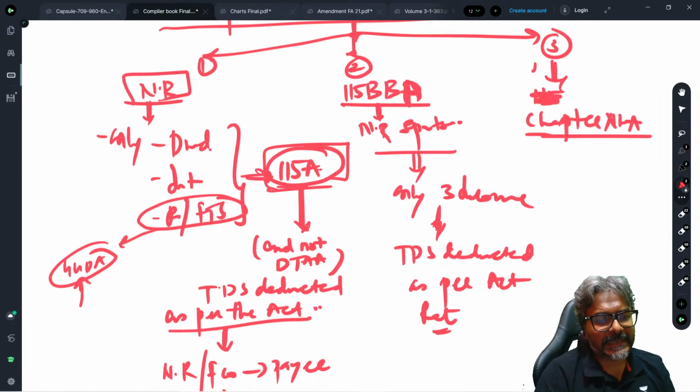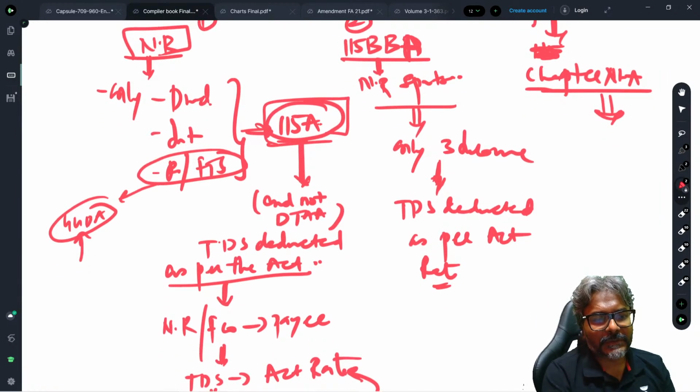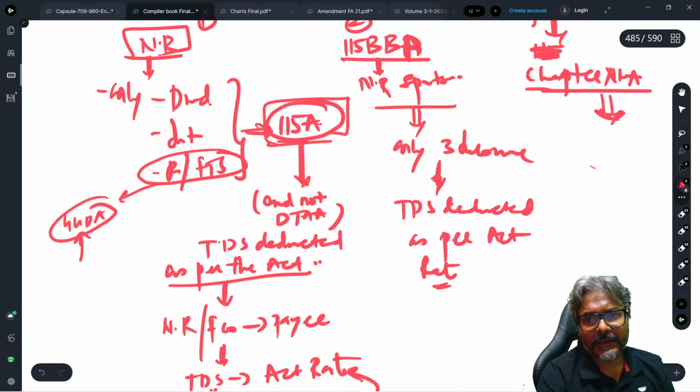So therefore, students, in this case, chapter 12, if you see, then what we will say in this context, the non-resident has got the 2 income.